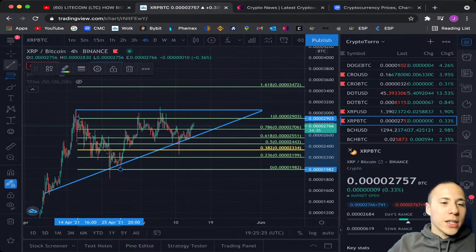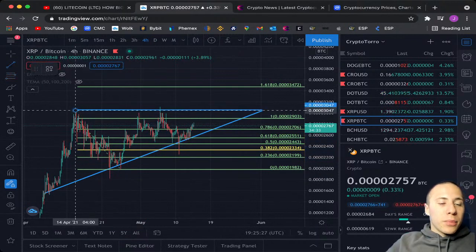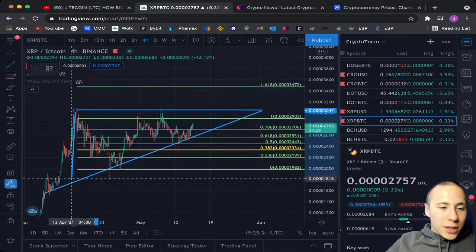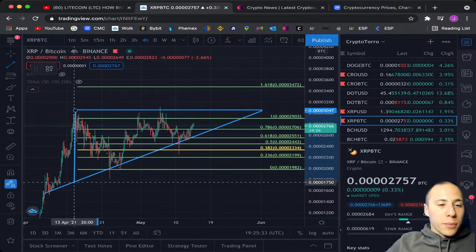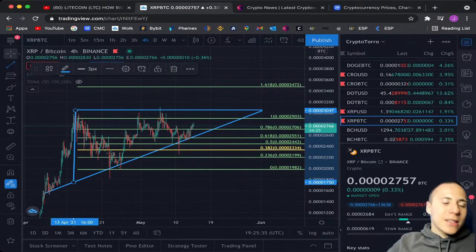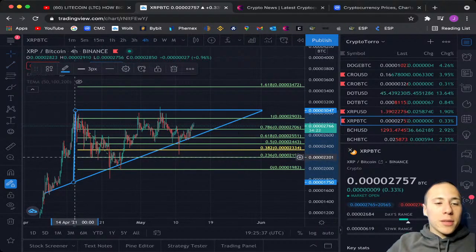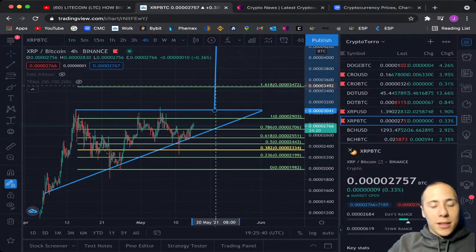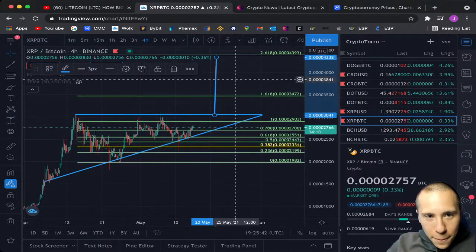So I will be measuring as well the highest point of this ascending triangle towards the upward sloping support line, and that must be a move of approximately 65% as well, because otherwise it won't be possible.